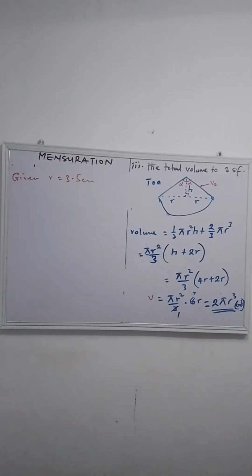If R is 3.5, what is the volume to the nearest 3SF?